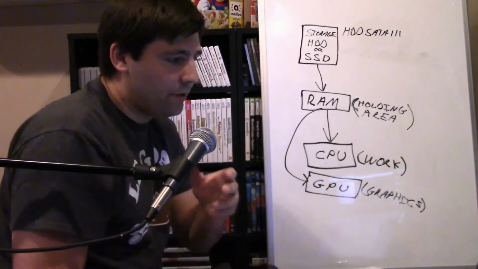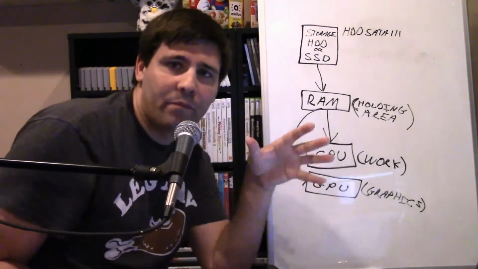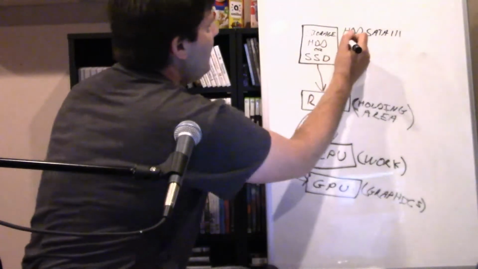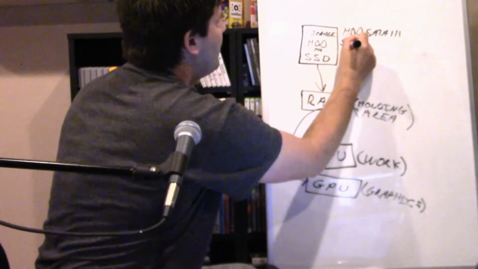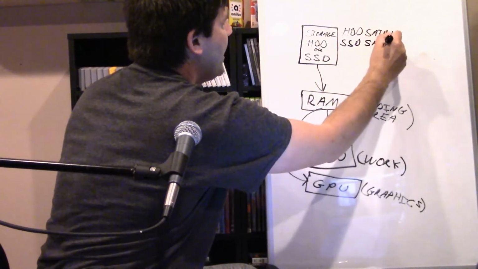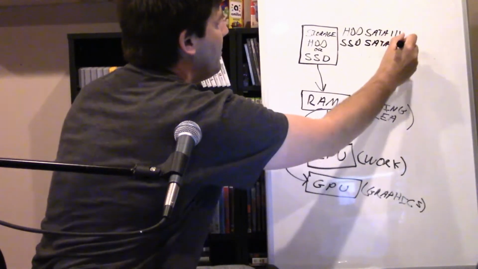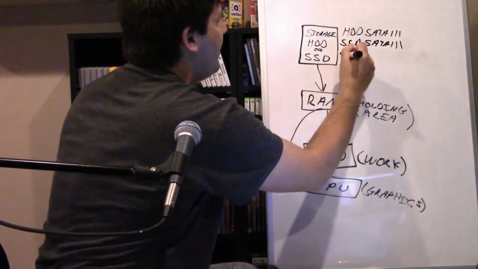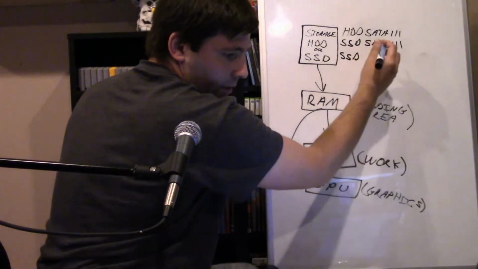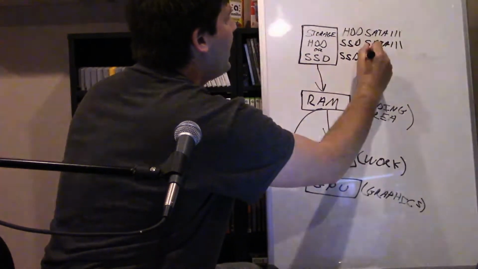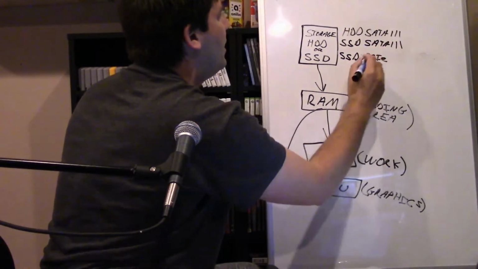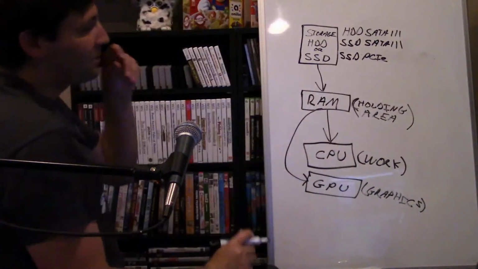And then also there's what we now know as solid state drives, SSD. Now, SSDs can also hook up via SATA 3, but there are also SSDs that hook up via a PCI Express slot, PCIe for short, on the motherboard.